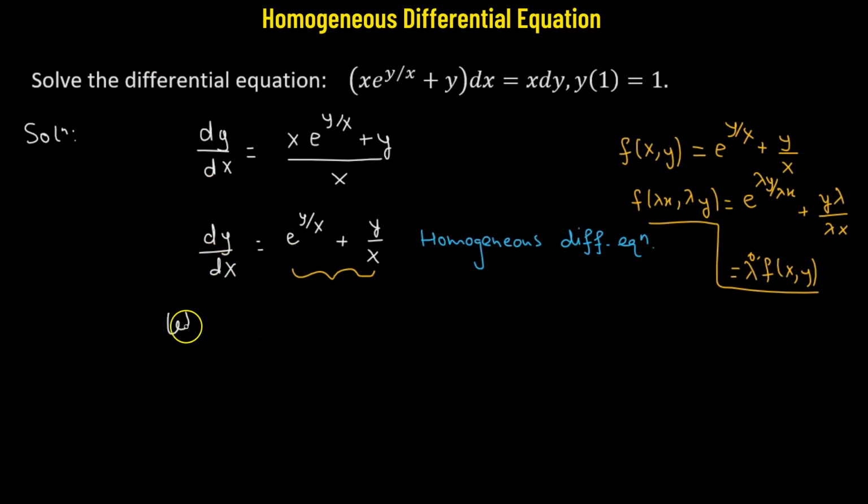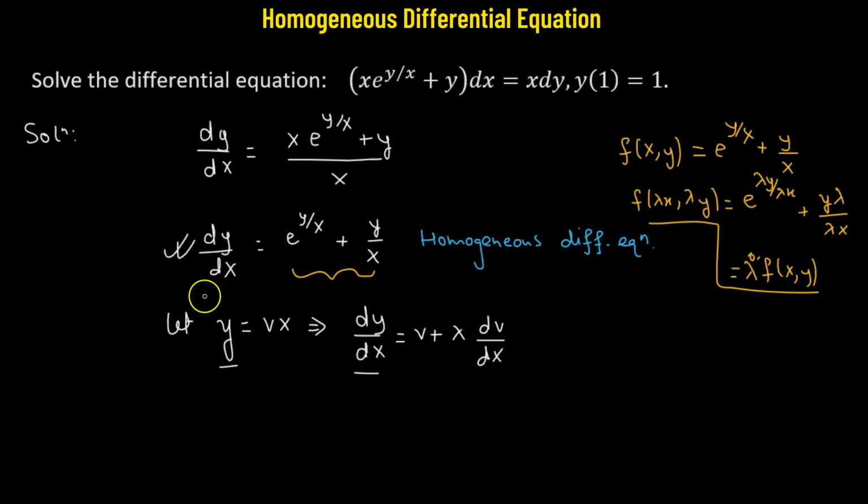All we have to do is suppose that y equals v times x. Now we differentiate both sides with respect to x, which gives dy/dx equals v plus x times dv/dx. We use this value and rewrite the differential equation as v plus x times dv/dx equals e raised to the power of negative y over x, that is v, plus y over x, which is v.